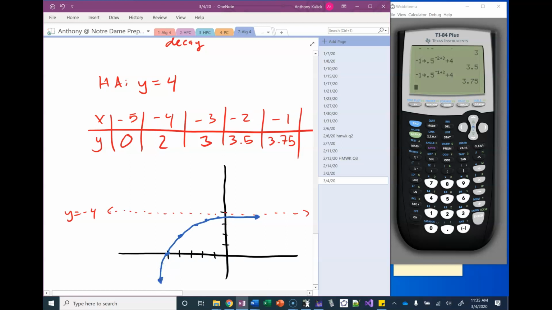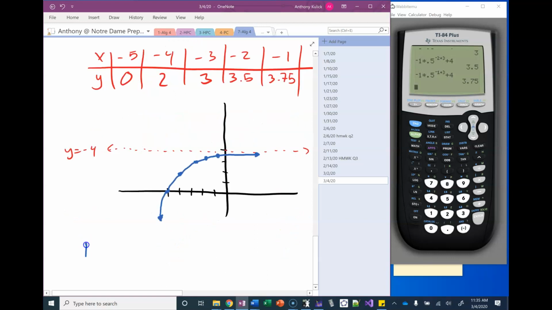So if I draw my function, it should look like this. The domain is always -infinity to +infinity.